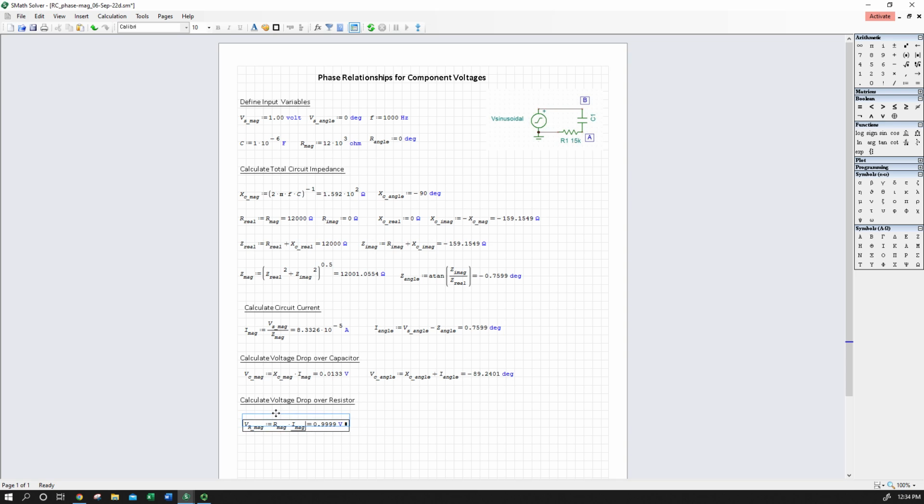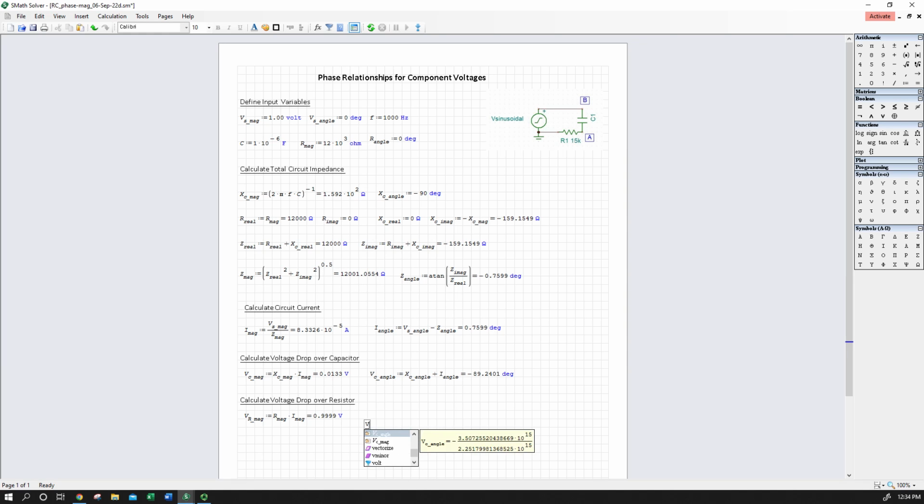And wow, not surprising, with 100 hertz giving us a very low capacitive reactance, that resistor is dropping almost our entire 1 volt. So it is providing the bulk of the total impedance, which we're not surprised about because that's correlating very well with this number.